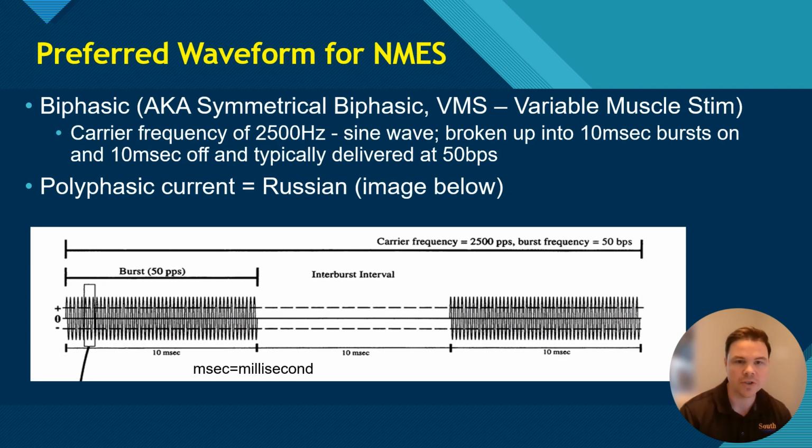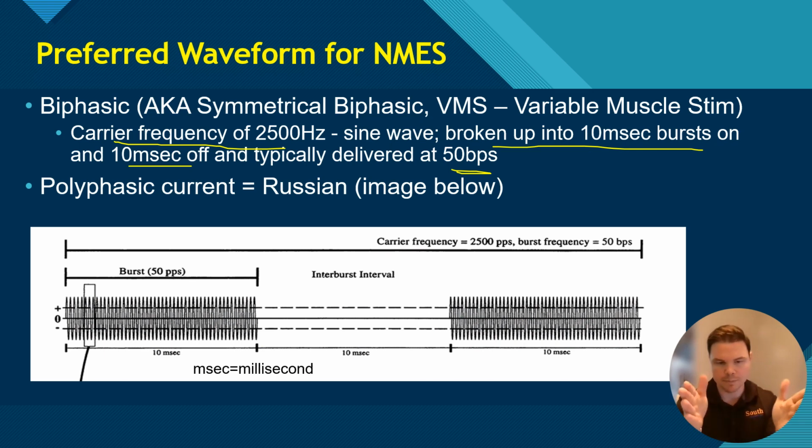Understand that you have a carrier frequency of 2,500 hertz, broken up into 10 millisecond bursts of 10 milliseconds on time and 10 milliseconds off time, delivered at 50 bursts per second, over the course of 1 second. So your beats are actually bursts with Russian.